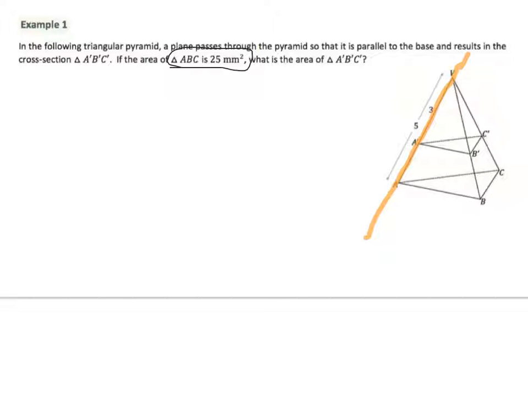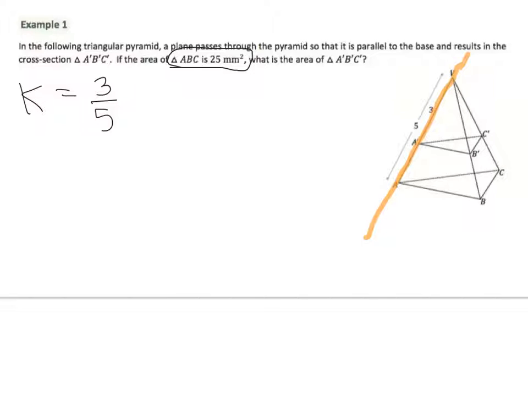That's what we just talked about in the last slide, our ray, and how when we scale something, we scale it along a ray. So our center has to be V, and our scale factor, we're getting smaller. Our scale factor is going to be 3 over 5.